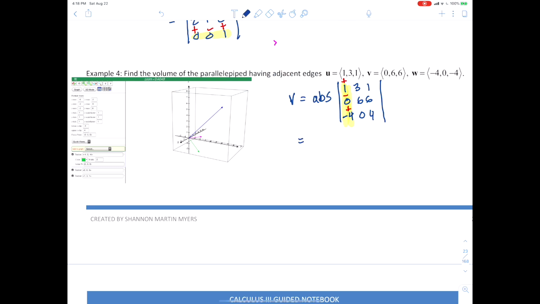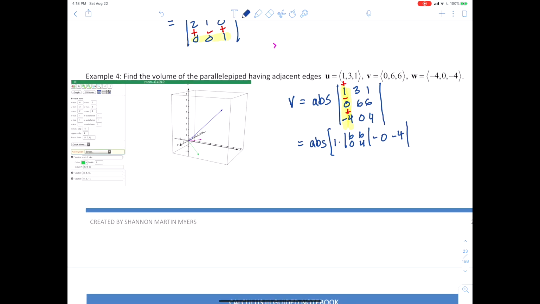So this will be the absolute value of 1 times the determinant 6, 6, 0, 4, and then the other one is just going to zero out, and then we'll have plus a -4, which is still a minus a 4, and the determinant formed would be 3, 1, 6, 6.